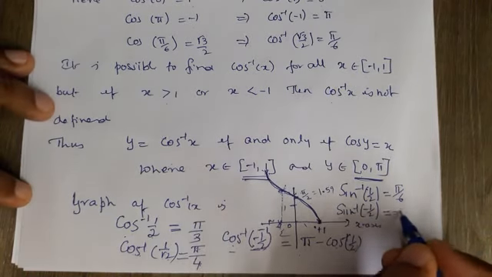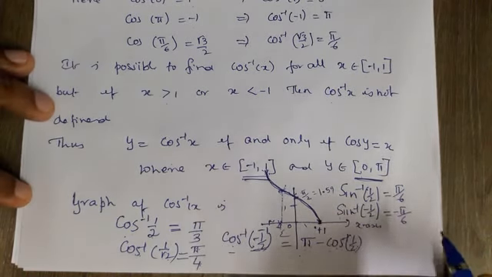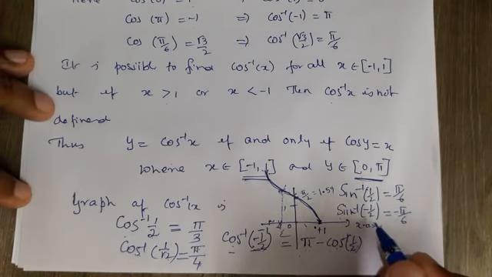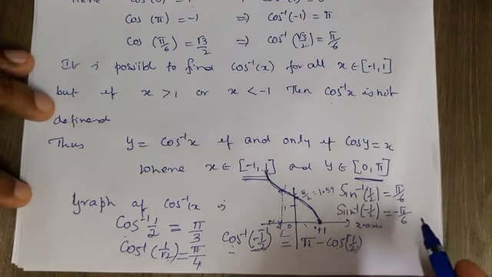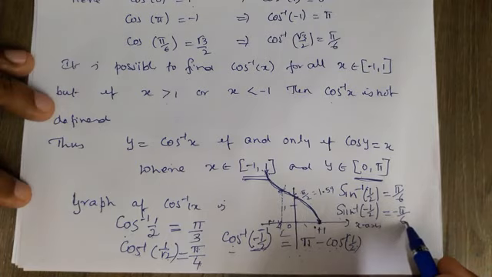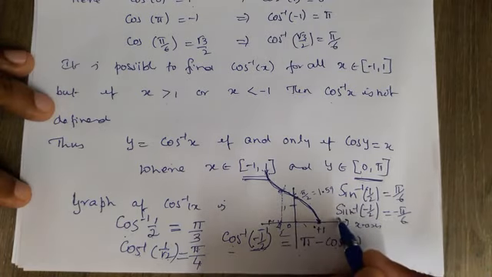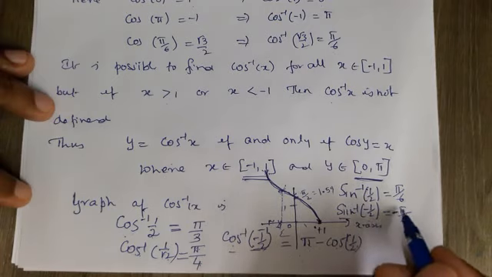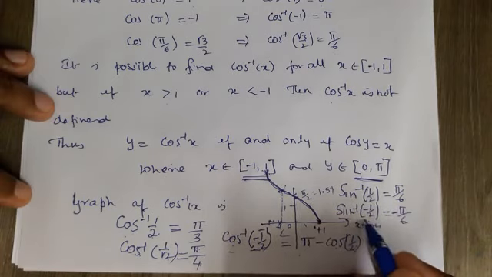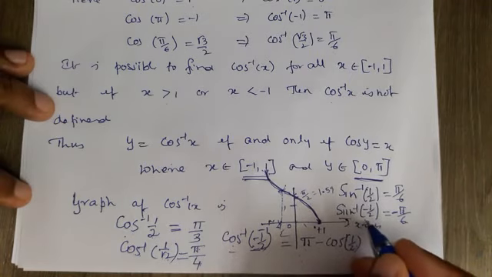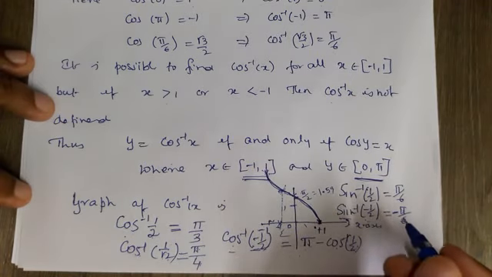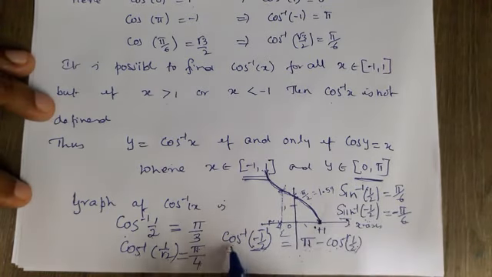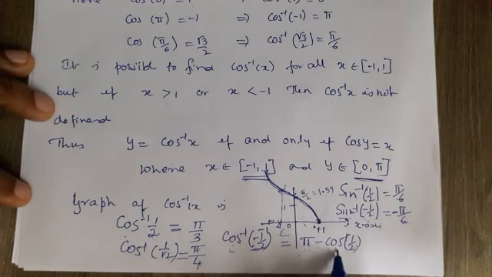It is just minus pi by 6, because the sine inverse function takes values in between minus pi by 2 to plus pi by 2. To write the value of sine inverse of a negative number, you just write a minus sign in front. In general, sine inverse of minus x will be equal to minus sine inverse x, whereas cos inverse of minus x is equal to pi minus cos inverse x.